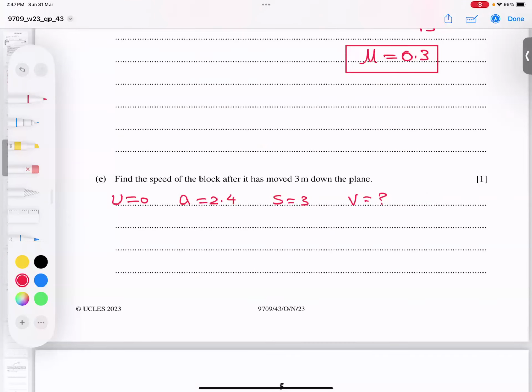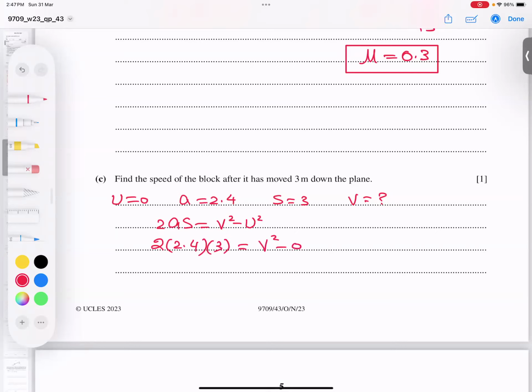So 2as equals v squared minus u squared. Acceleration is 2.4, distance is 3 meters, last velocity is unknown, u is 0.